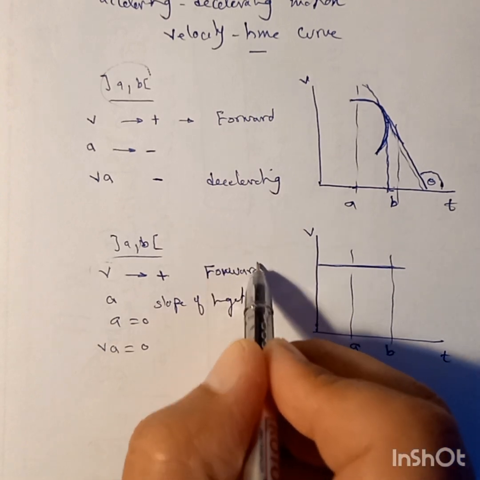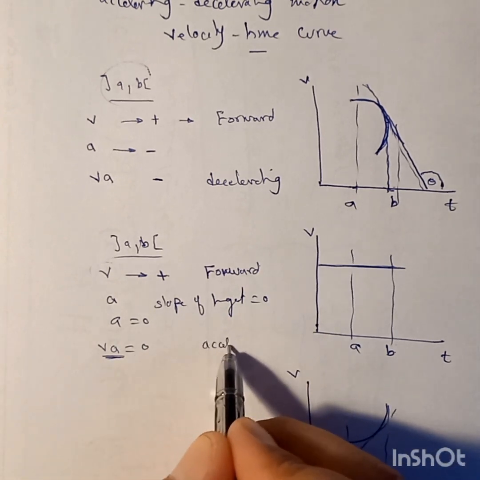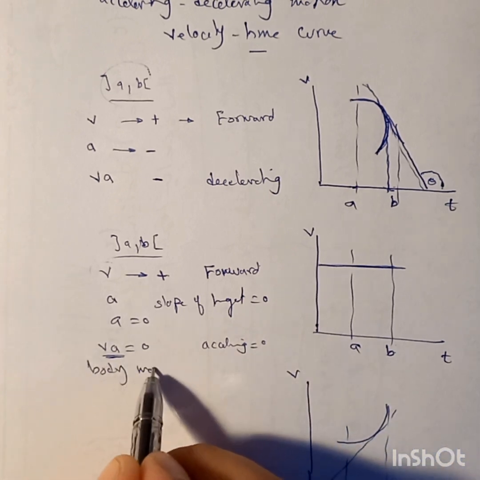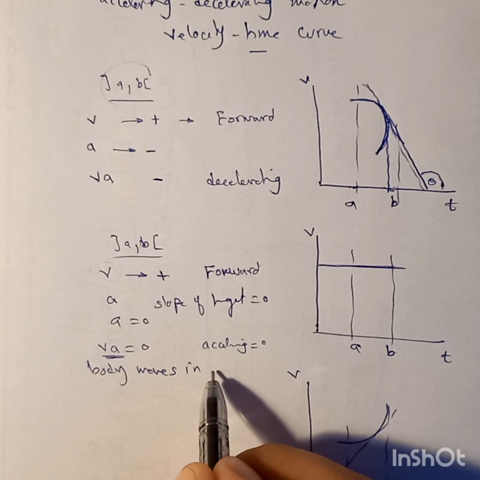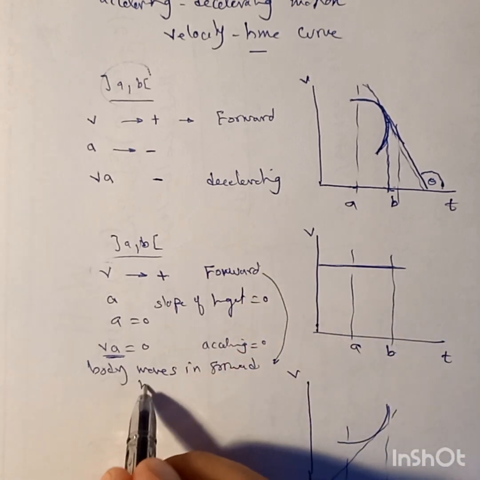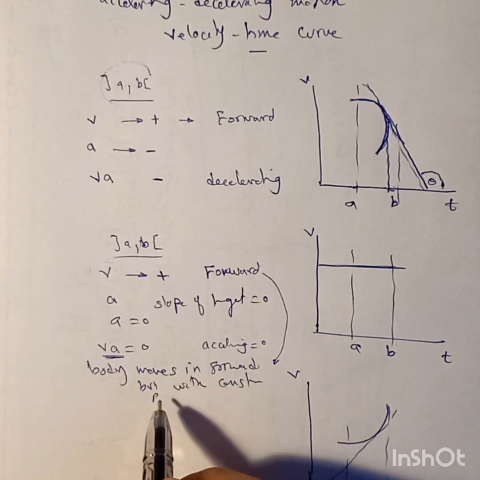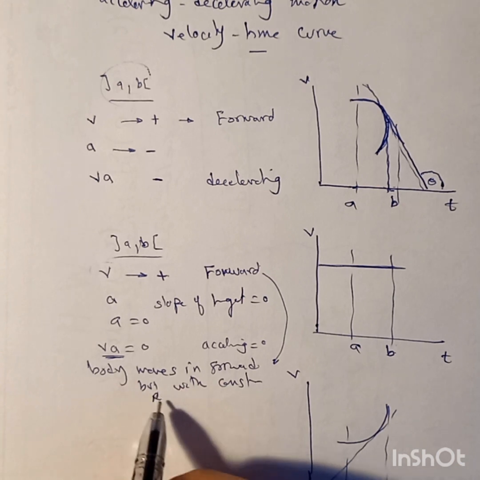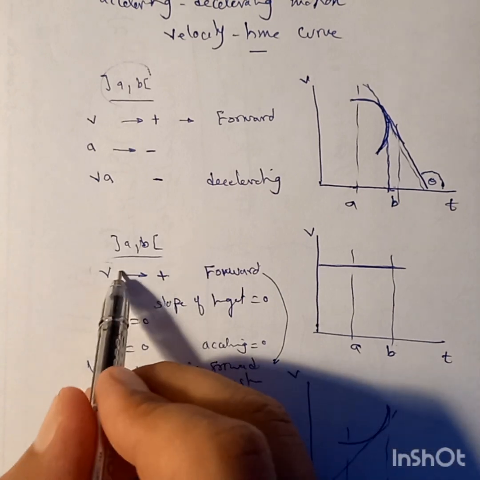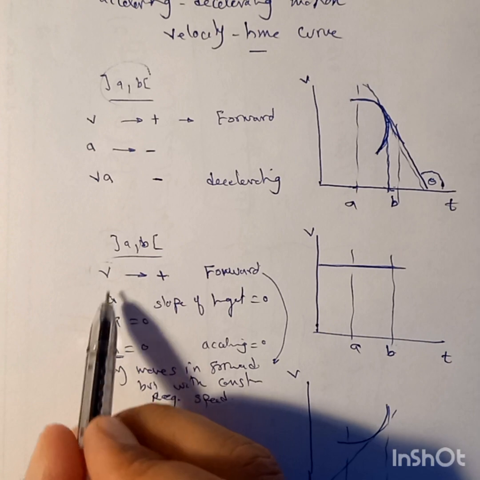direction. From this step va equals 0, so the acceleration equals 0, and the body moves in the forward direction, of course, but with constant speed or regular speed, as the derivative of speed, which represents the acceleration, is 0.